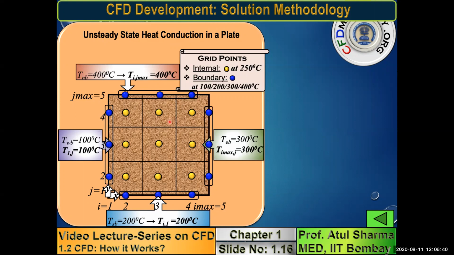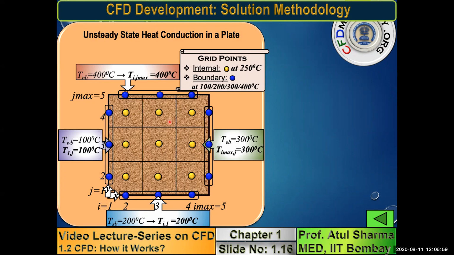So the procedure which we use in our solution methodology is we know the data, note that the data is discrete in nature, such as in this case there are 9 grid points, 9 yellow circles, and there are 12 blue circles.